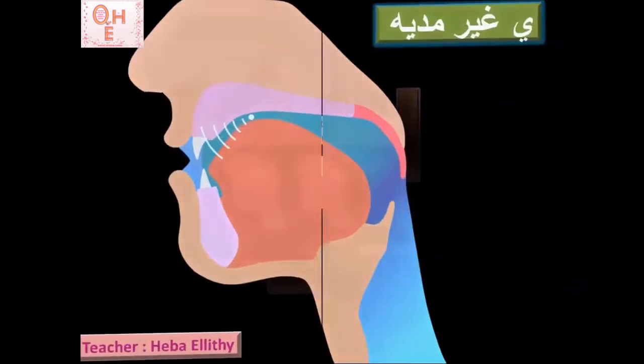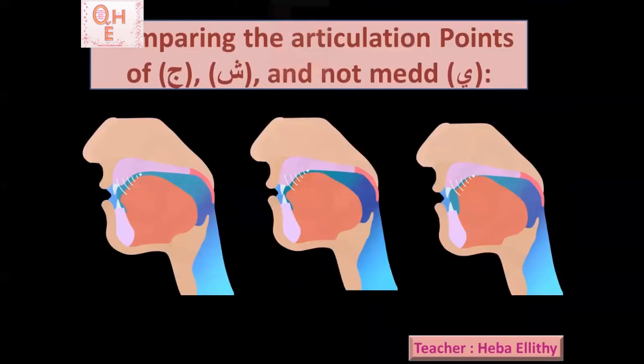This is a picture to show you the letters Jim, Shin and Ya and compare between them. The first one here is for the letter Jim. If you look here at the articulation point, the tongue is completely closed with the palate.